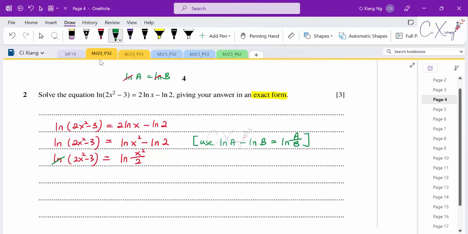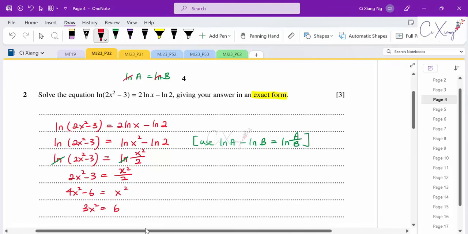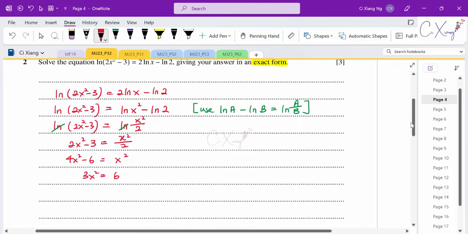Therefore, we can cancel off the ln and are left with x squared minus 3 equals x squared over 2. So I'm having 2x squared minus 6 equals x squared. Then 3x squared equals 6. Then further simplifying, I will have x equals plus minus square root 2.